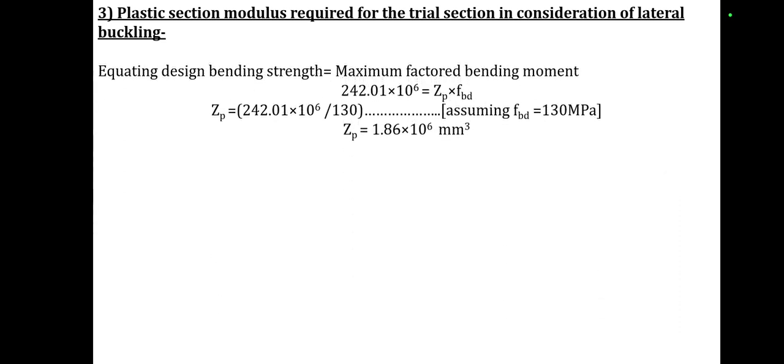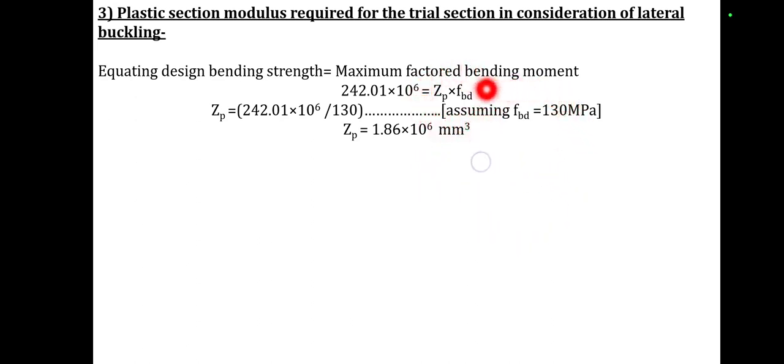Then the third step is to find out the plastic section modulus for the trial section. For calculating the plastic section modulus, we have to equate the design bending strength to the maximum factored bending moment. Therefore, the design bending moment is 242.01 into 10 raised to 6, as here we are converting it into Newton mm, and it is equal to ZP into FBD.